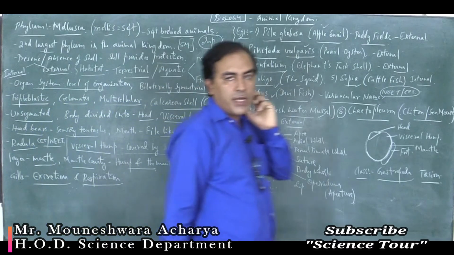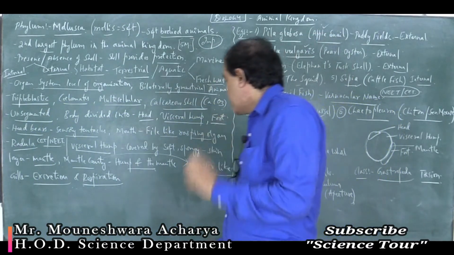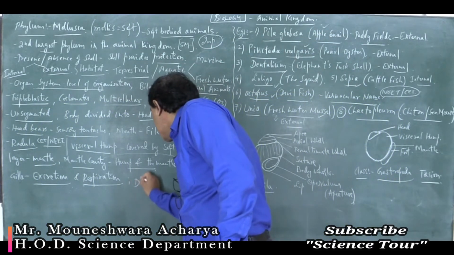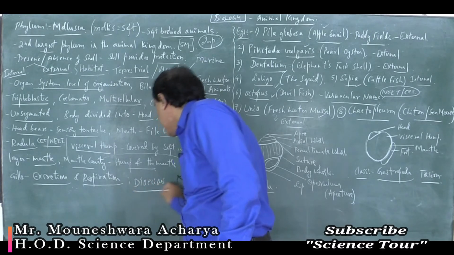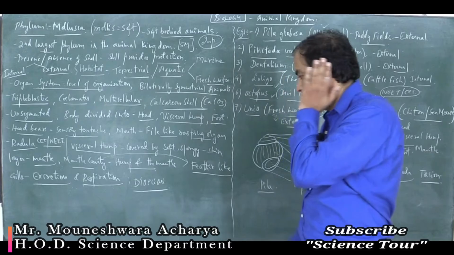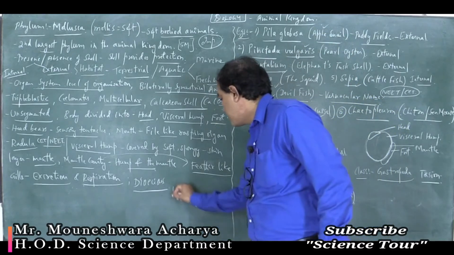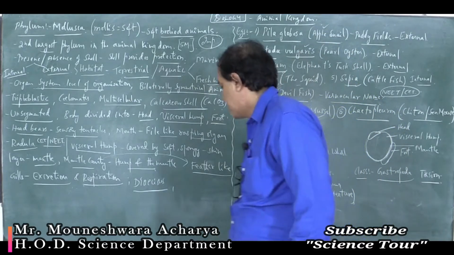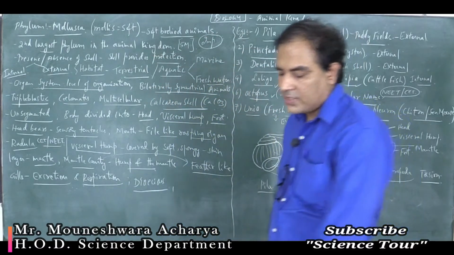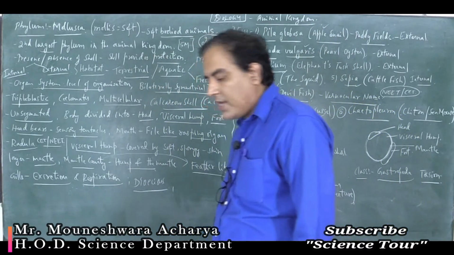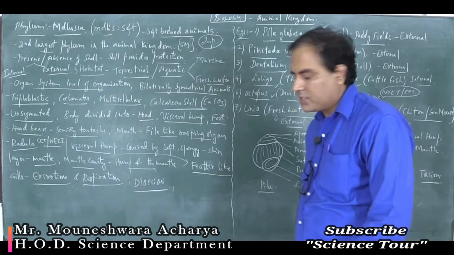Then coming to the other features, they are dioecious, that is, sexes are separate. Sexes are separate, means male and female are separate.